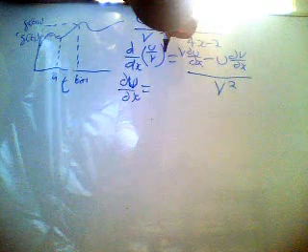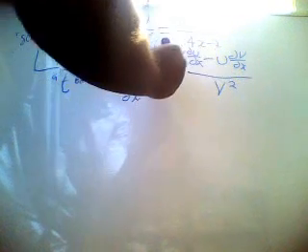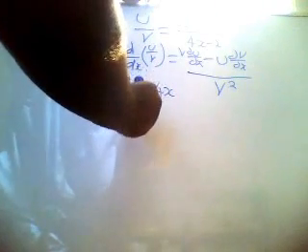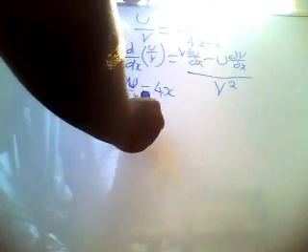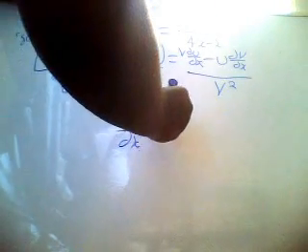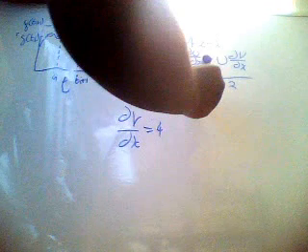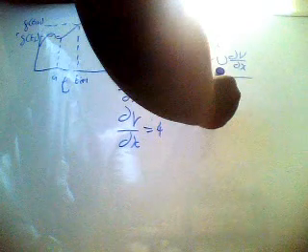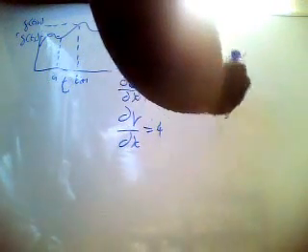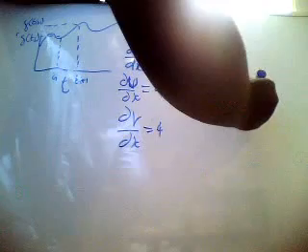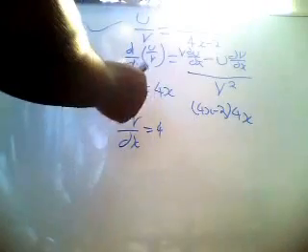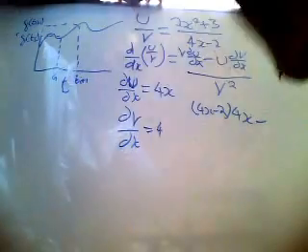So our derivative of u is 4x, and then our derivative of v with respect to x is 4. So now if we plug that in, v, which is 4x minus 2, times the derivative of u, subtract.